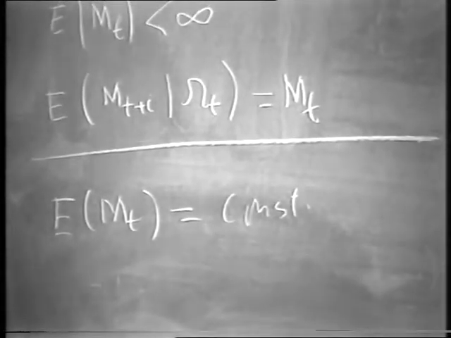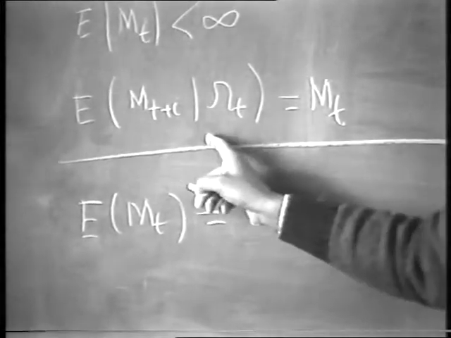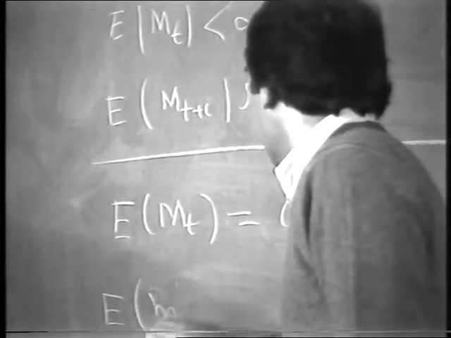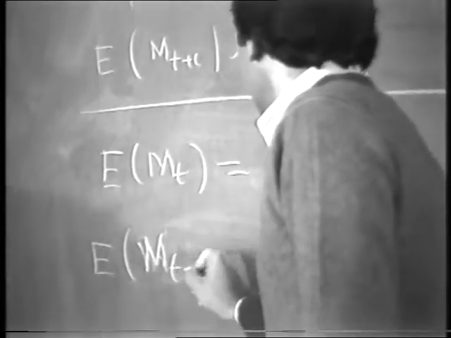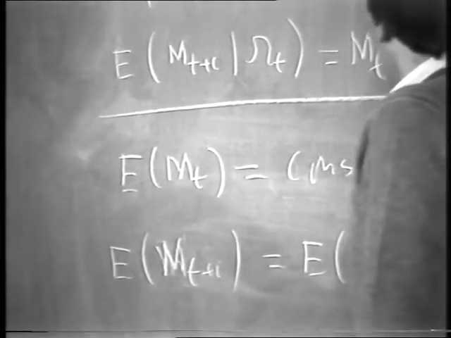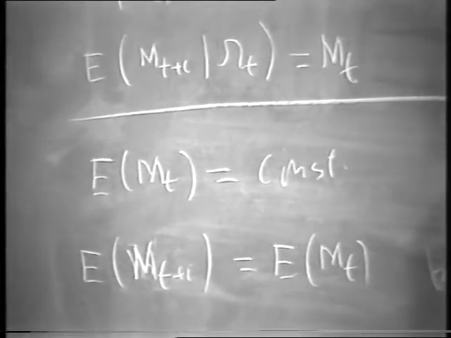We just said that if you take the unconditional expectation of a conditional expectation, that becomes equal to the expected value of Mt plus i, and that is equal to the expected value of Mt. That is for all i, so therefore it has a constant mean.